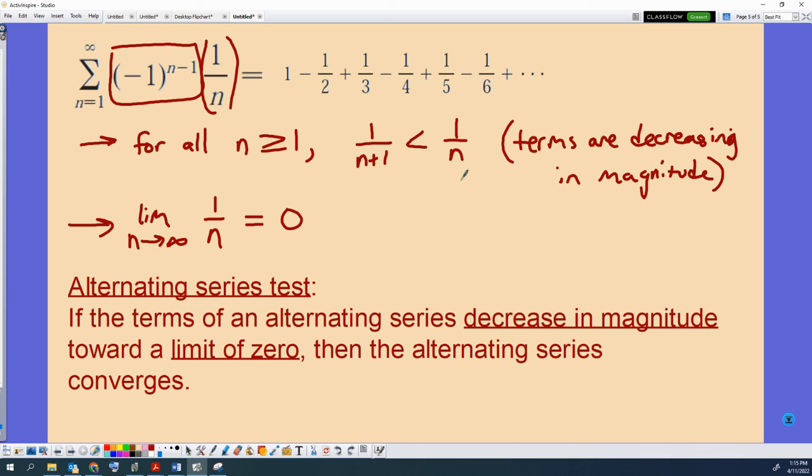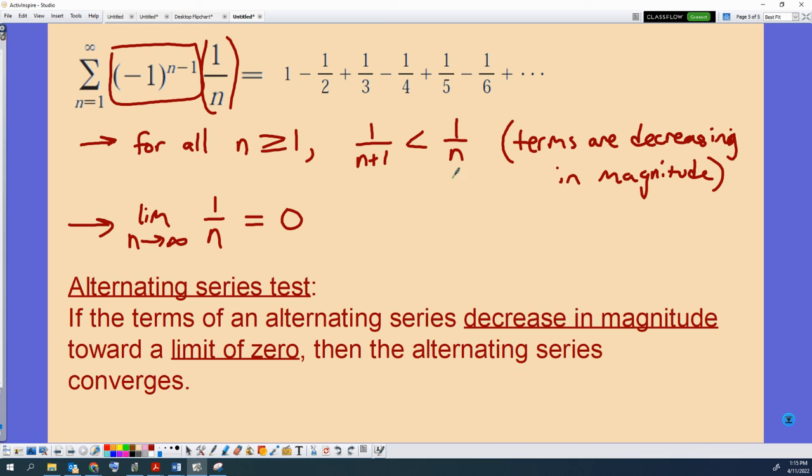Or if it's not the case that they're decreasing in magnitude all the way, there are a couple things that could happen. First of all, if off toward infinity this is not true, then you won't have the limit that we need, and again you could do the nth term test, the test for divergence.